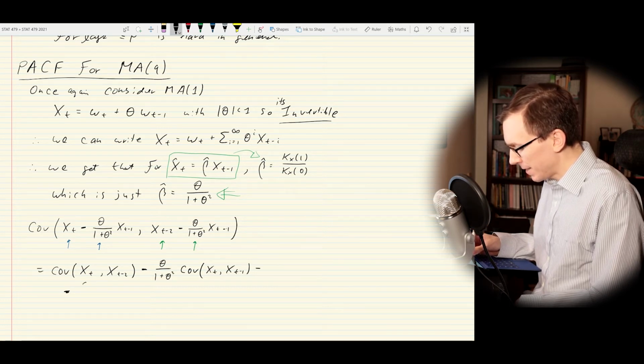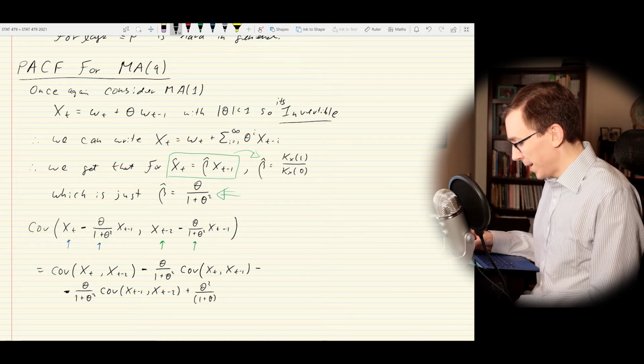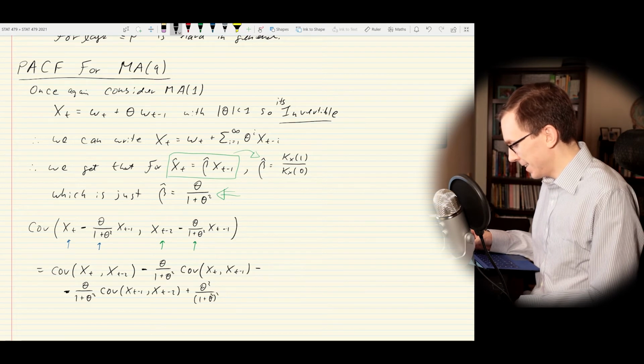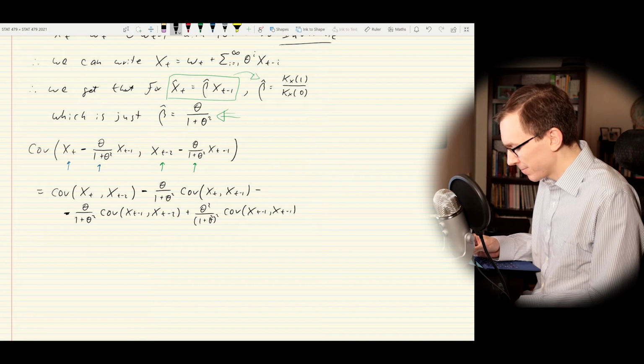The next guy is going to be theta over 1 plus theta squared, covariance of what? Xt minus 1 and xt minus 2. And the very last term is going to be theta squared over 1 plus theta squared, and the covariance between xt minus 1 and xt minus 1. Phew. All right, so we got all of that.